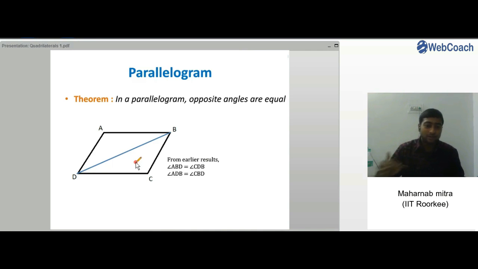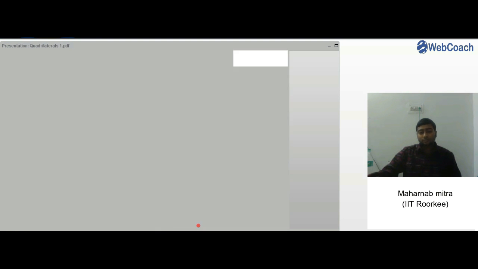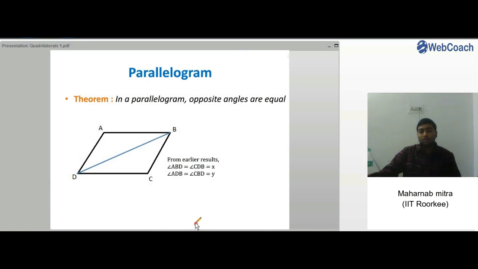by CPCT we get angle ABD is equal to angle CDB, and also angle ADB, or this angle, is equal to angle CBD, which is this angle, right? So these two angles are equal to each other. So let us see how to show that the opposite angles are equal.